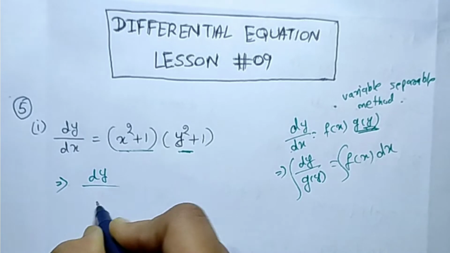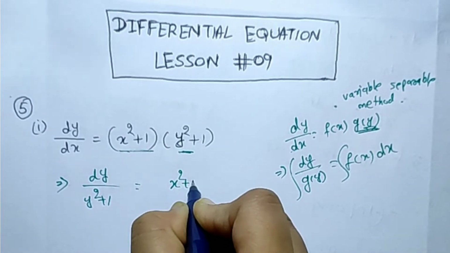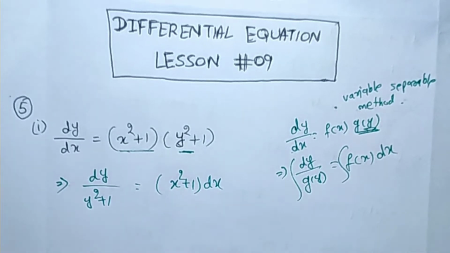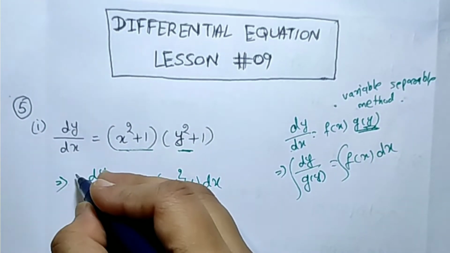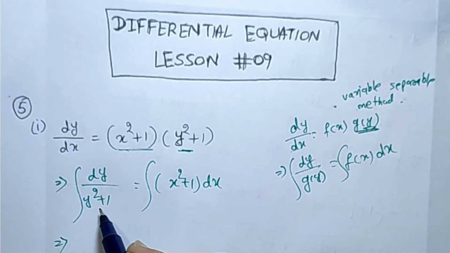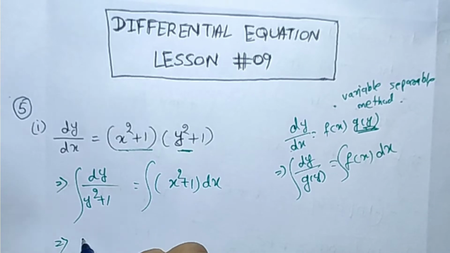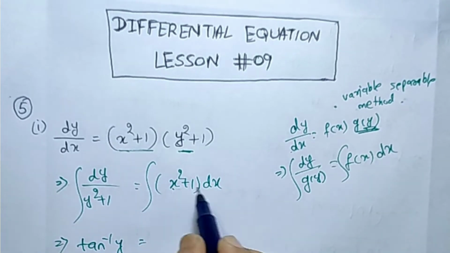This implies dy by (y square plus 1) is equal to (x square plus 1) into dx. We will separate y on one side and x on the other. Then integrating both sides, what is this integration? This is tan inverse y is equal to the integral of x square dx.